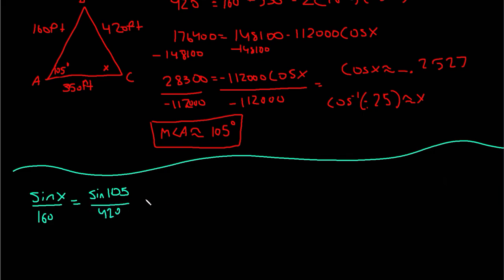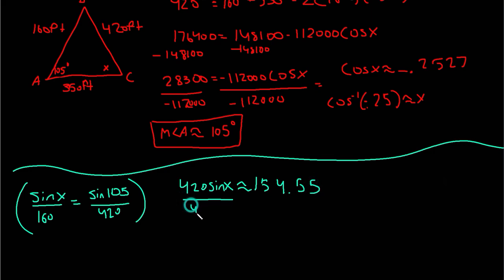So let's simplify this equation even more. This is going to be equal to 420 times the sine of x is roughly equal to sine of 105 times 160. That is roughly equal to 154.55.